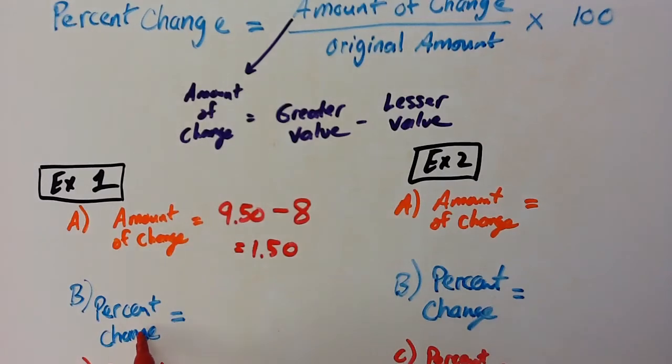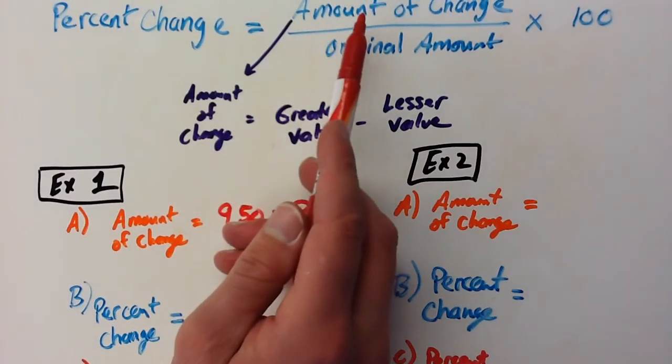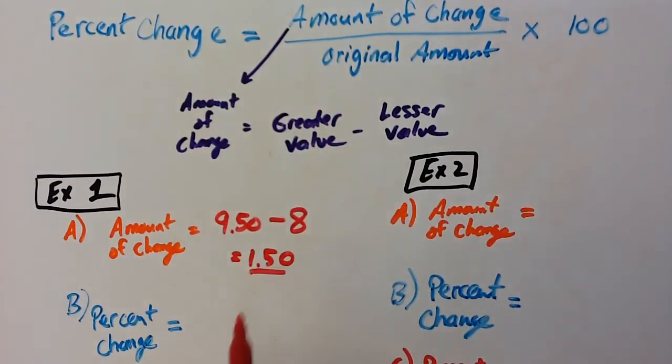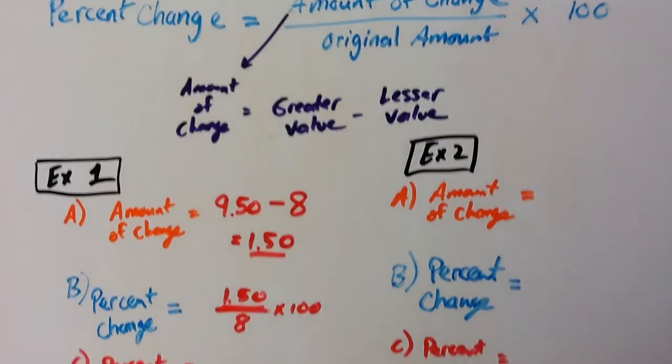To find the percent change, we take the amount of change, $1.50, in our numerator, and divide by the original amount, which was $8, her hourly wage. $1.50 divided by 8, and then times 100 because percent is out of 100.